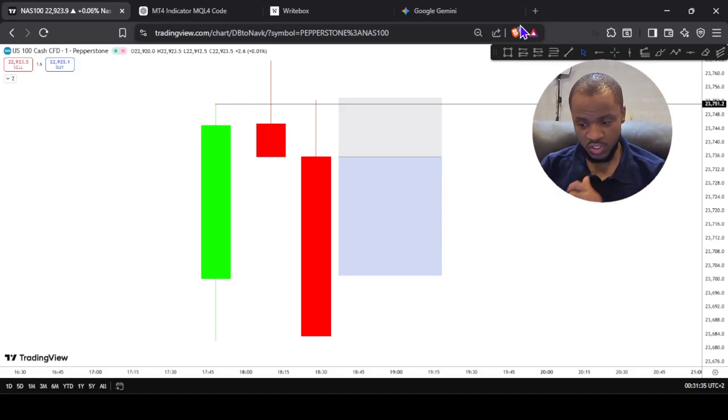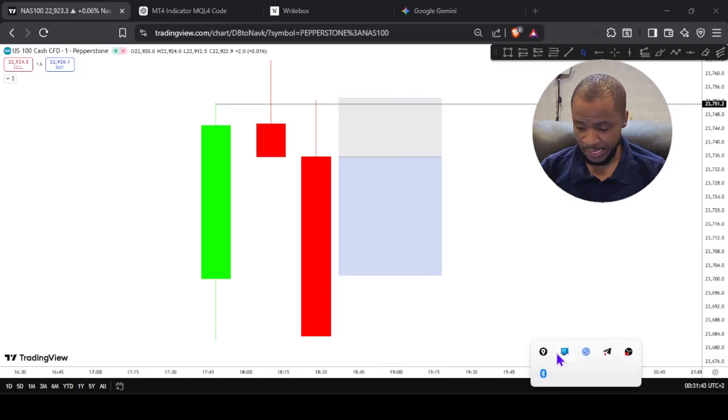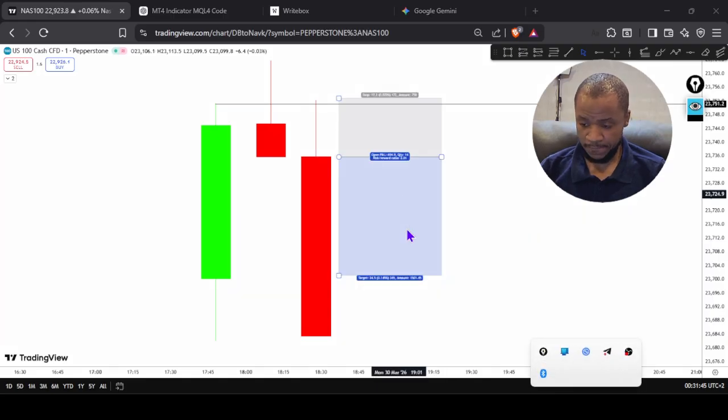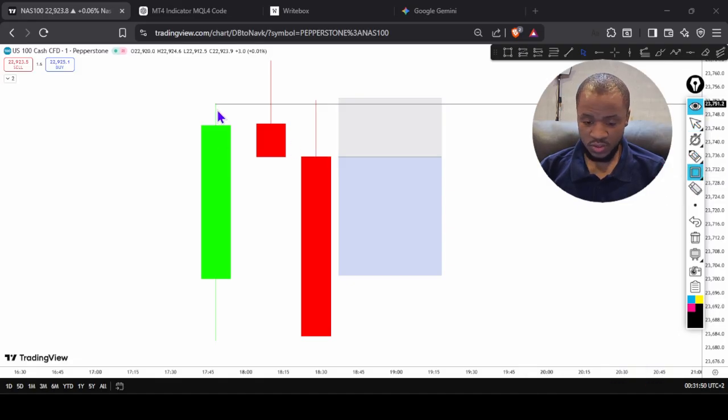So as you can see on my chart here, we have candle 1, candle 2, candle 3, right?